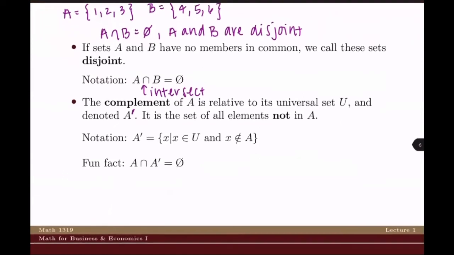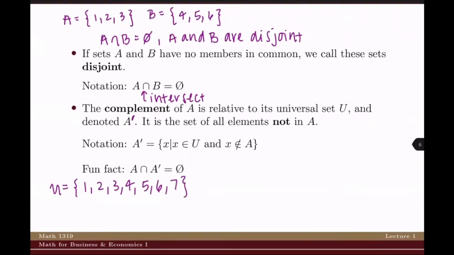Let's think about this as an example. Let's say our universal set is 1 through 7. And then we'll use the same A and B as up here at the top of the slide.